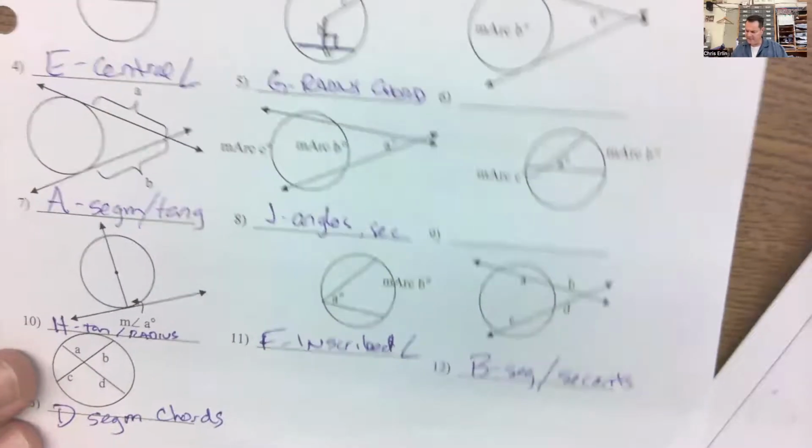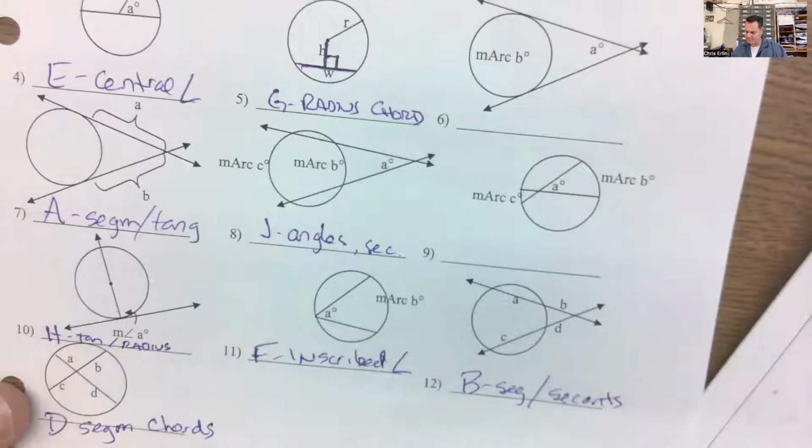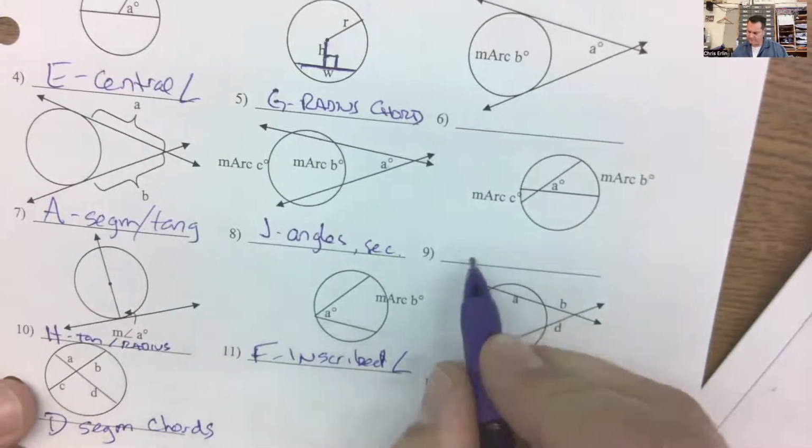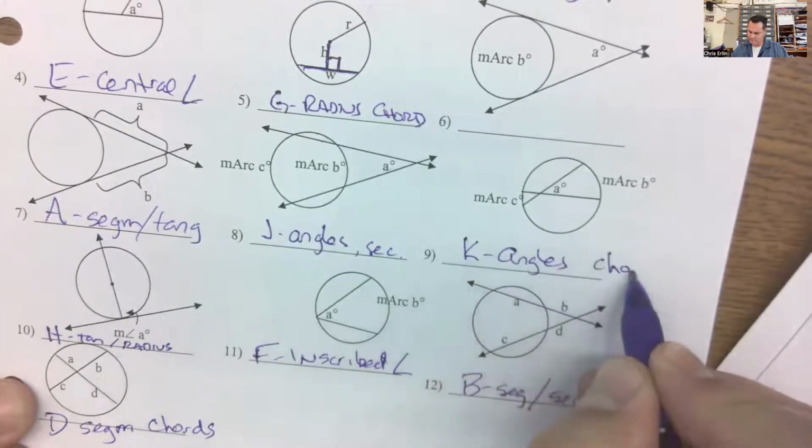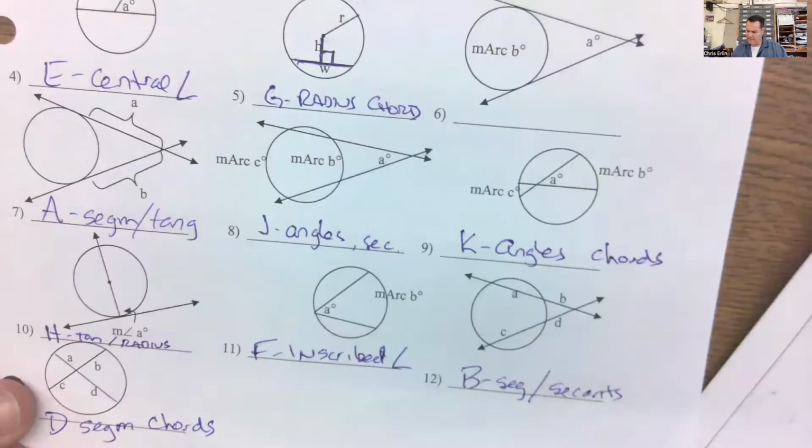What about K? Angles formed by two chords. Good. L, angle formed by a tangent and a non-diameter secant.